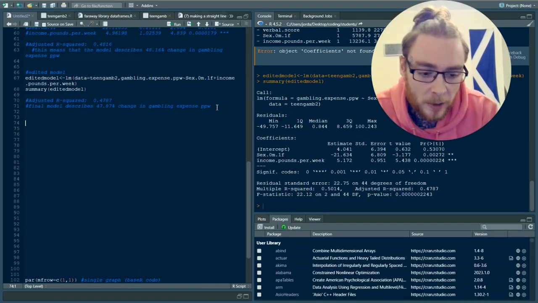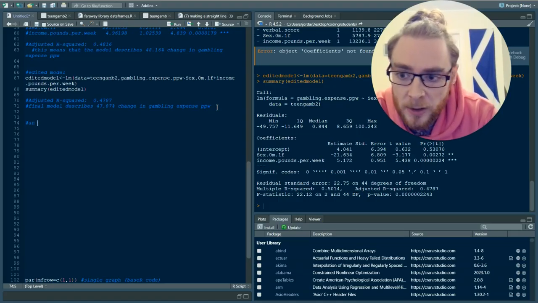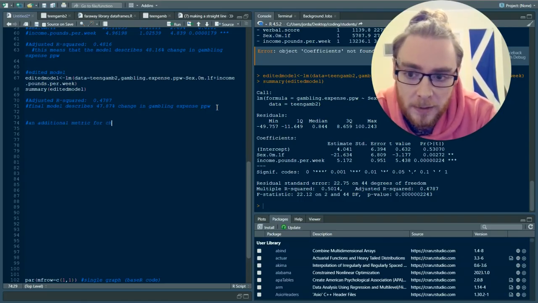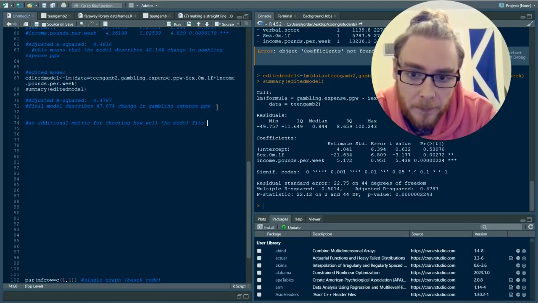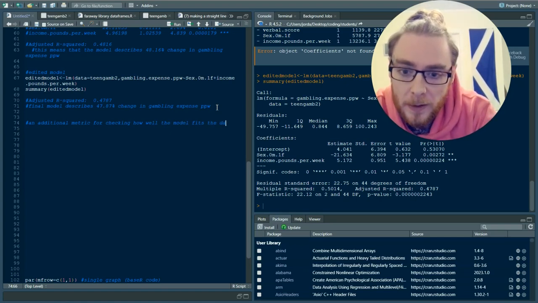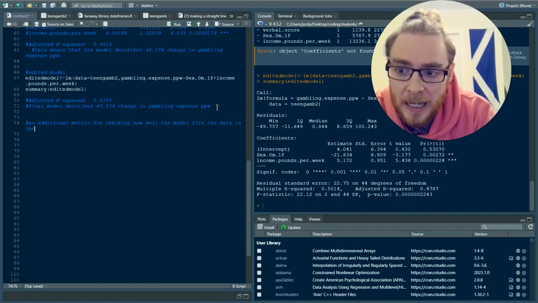We talked about R squared there, but an additional metric for checking how accurately or how well the model fits the data, goodness of fit, is called the AIC.